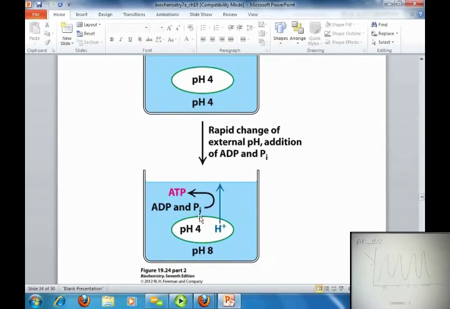Because you are adding ADP and Pi, that will use the pH gradient across the membrane, using that gradient energy to make ATP. If there is no gradient, ADP will never become ATP.